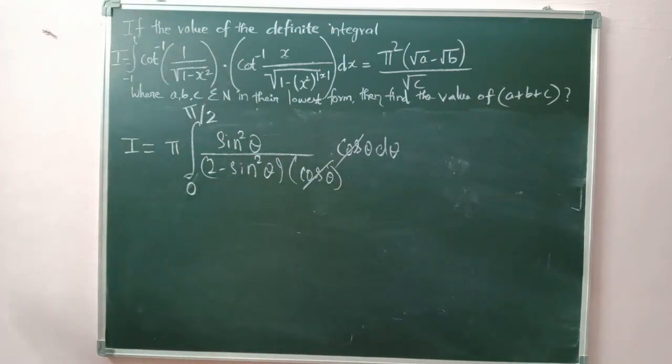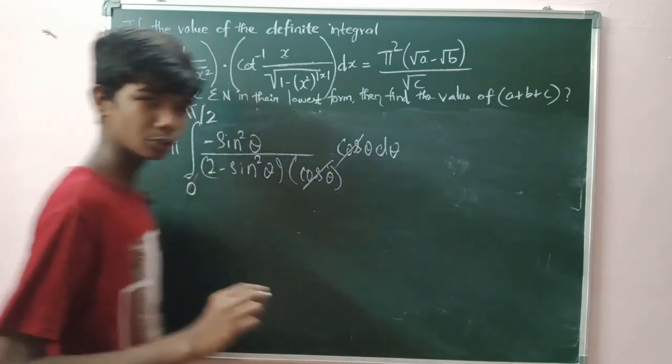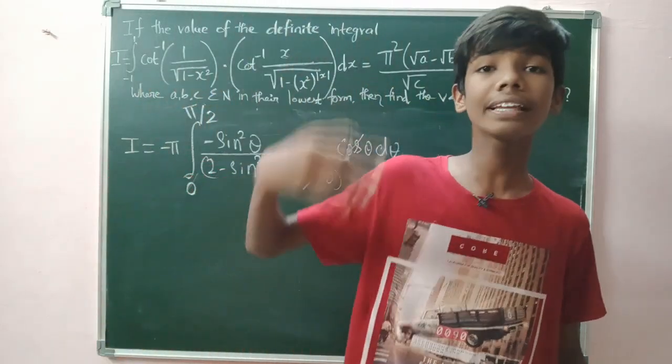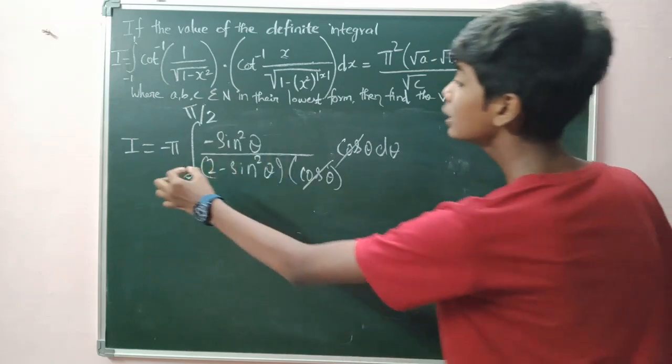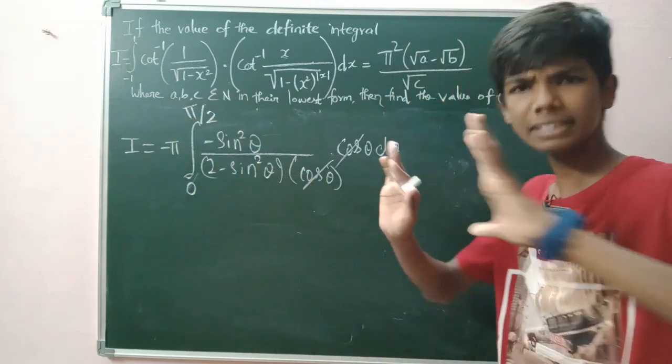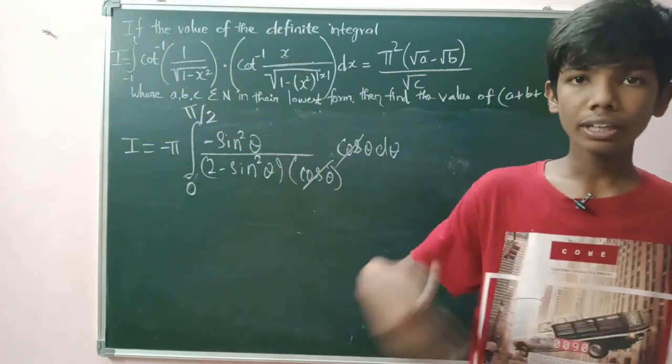Okay, so the next step I'm going to do is, can't I write the same expression as minus pi times of minus sin square theta? You will know the reason for doing this. I'm just writing it as minus times of minus. It will be the same expression, but I'm doing this for a further calculation.